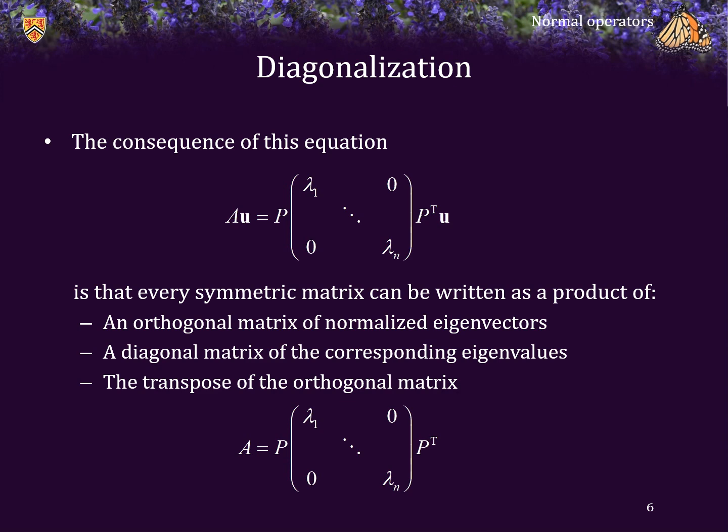So A is equal to an orthogonal matrix times a diagonal matrix times the transpose. This process is called diagonalization, and the eigenvalues give you how much the matrix affects each of the corresponding eigenvectors.